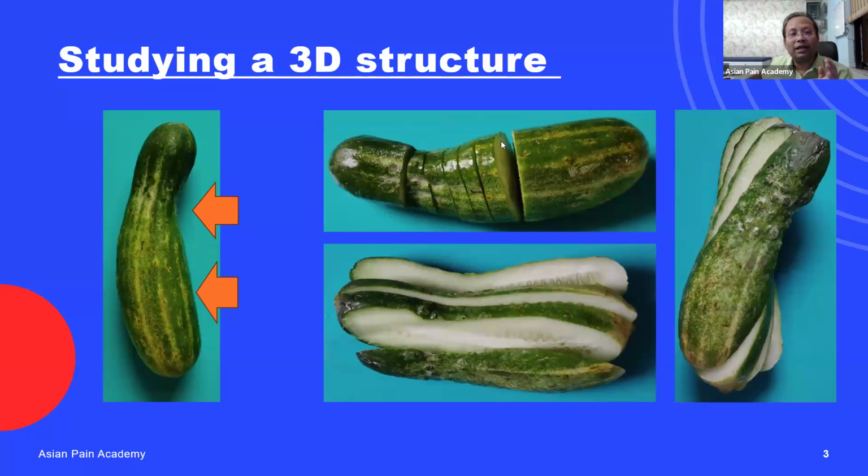Ultrasound, or CT, or MRI, everything, what it does, you see the cross section first, and in your brain you assemble them all together and make this complete structure. So with ultrasound, we are doing this thing only. First, we are starting with the cross section, and then we are seeing the whole structure.